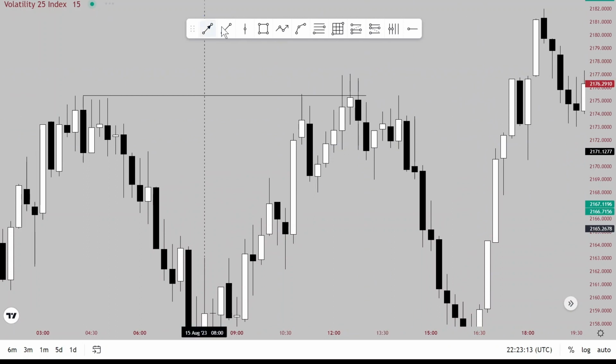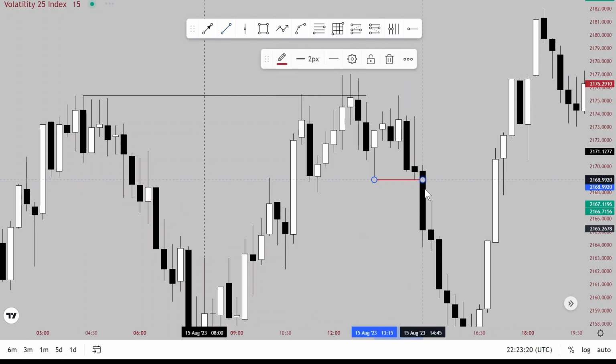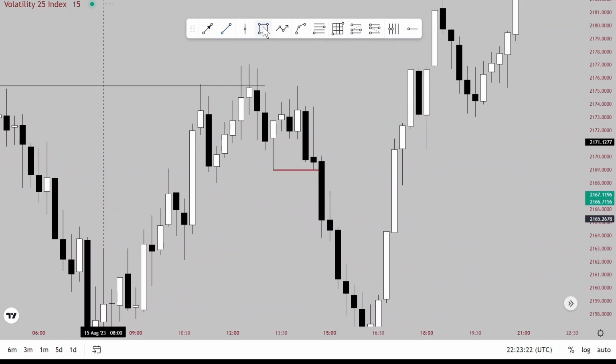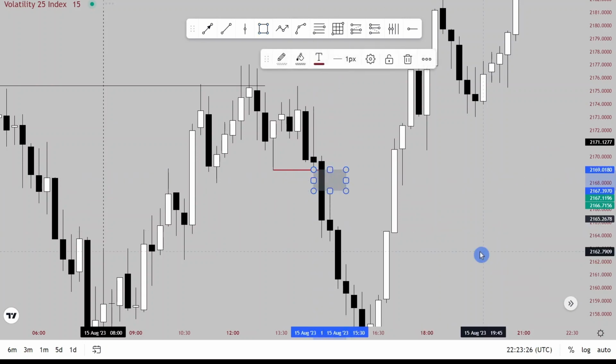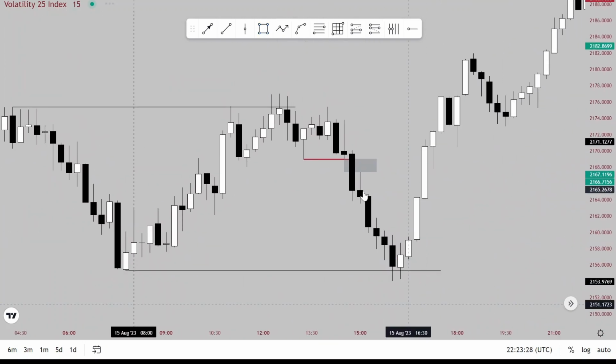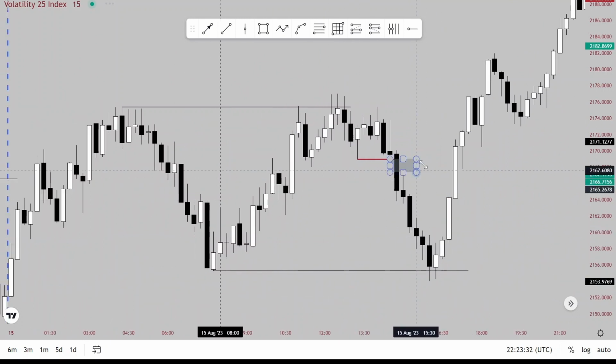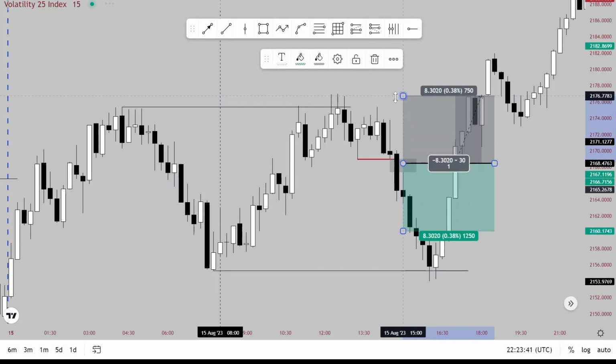So after the raid, we had a market structure shift here. Beautiful market structure shift, but we didn't get an entry. It didn't pull back. It didn't pull back to give us entry, and it went straight to sell side liquidity. That's crazy. If it gave us entry on a pullback, that would have been lovely to sell to our target, but it didn't give us entry from the fair value gap.